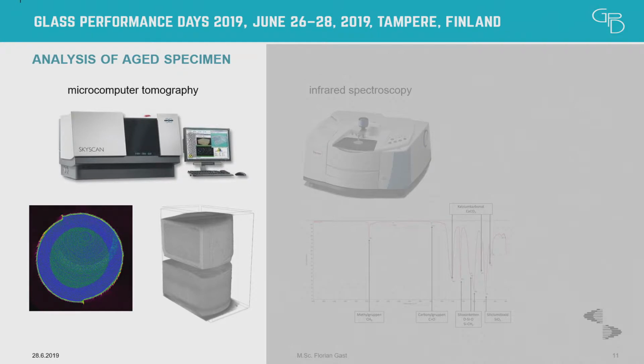Describing my first method, most of you might know CT, computer tomography from medical technology. There you have humans as samples. The only difference is we here have very small samples, and the resolution is a lot higher, which is very important, because if we have a small sample diameter of 15 millimeters, we need a high resolution to find out changes in the sample.